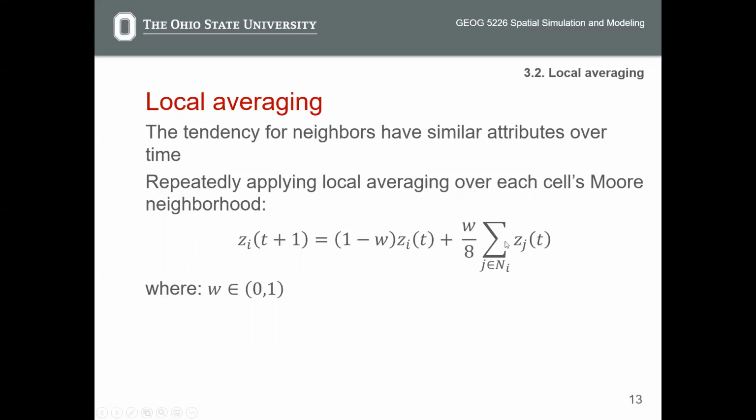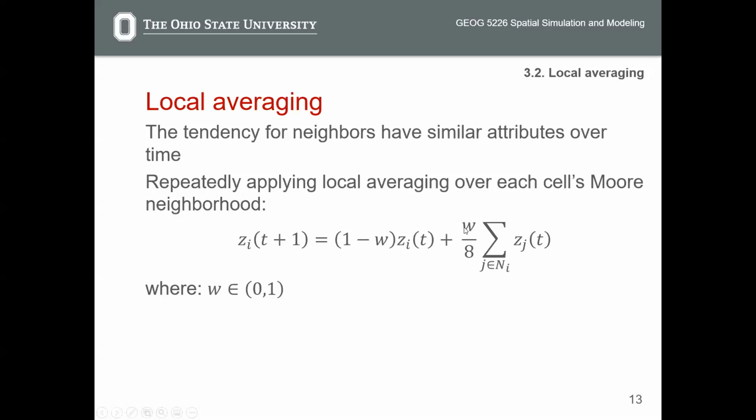We calculate the sum of the neighbors. Each neighbor has a specific value, right? We calculate the sum and divide the sum by 8. What does it mean? It means that we need to calculate the average value of the neighbors of Zi, or you can say cell i, and multiply that average value by W.